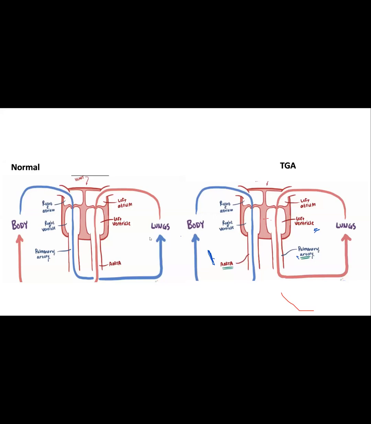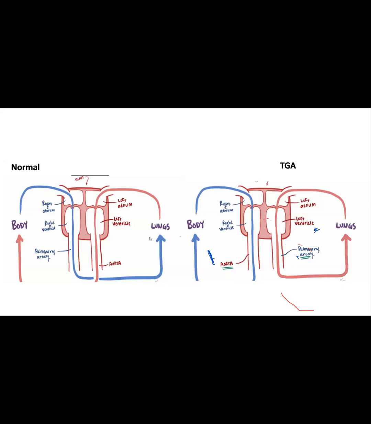Whereas on this side, it's oxygenated because it's the left side. And that's where the blood is continuously pumped to the lungs and then back again. So the cycle continues. And you can see that the aorta and the pulmonary artery have swapped places because of the defect.